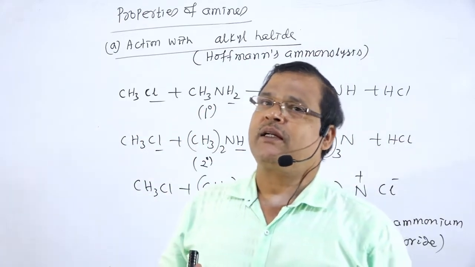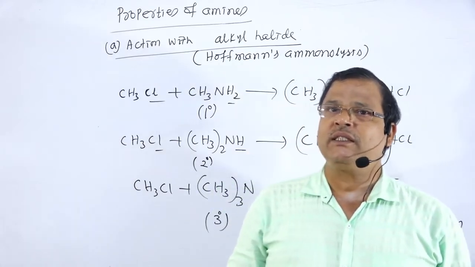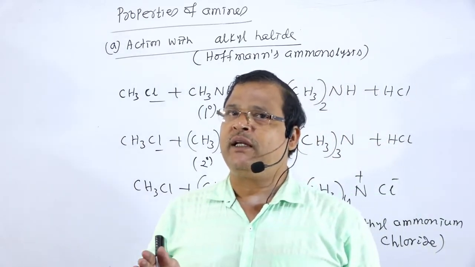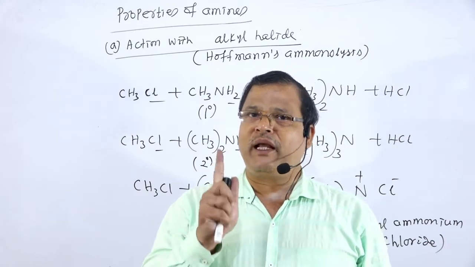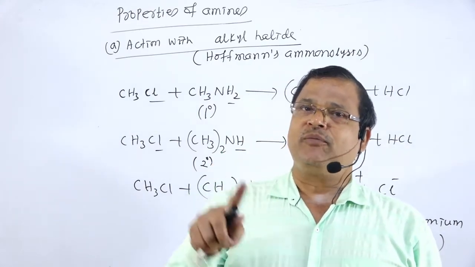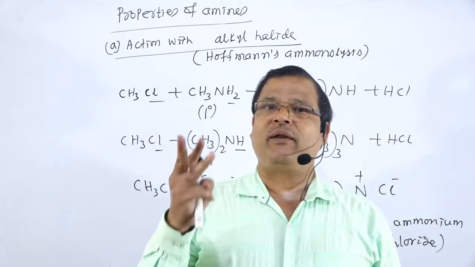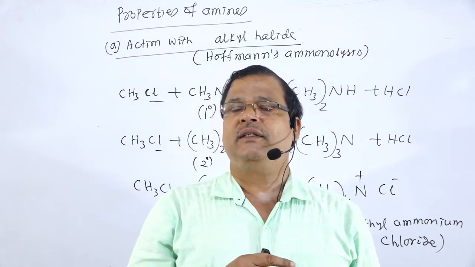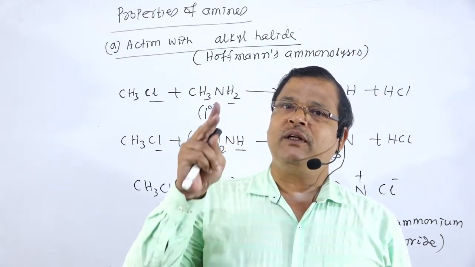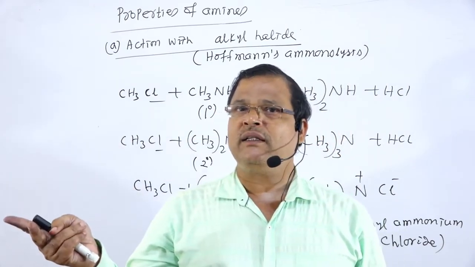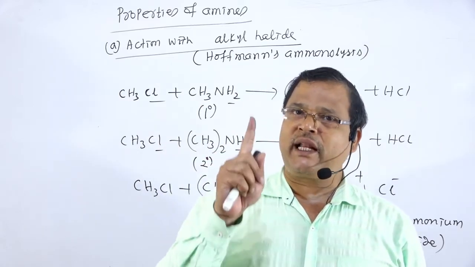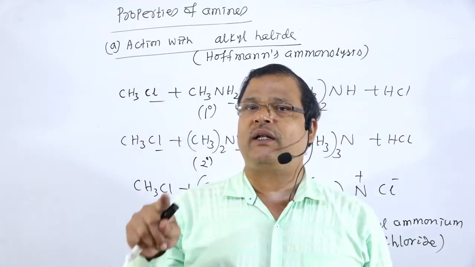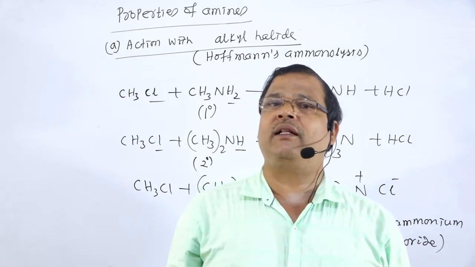By the help of Hofmann's ammonolysis, that is action with the alkyl halide. Whenever primary amine is converted to quaternary, 3 alkyl halides are required. Whenever secondary is converted to quaternary, 2 molecules of alkyl halide are required. When tertiary amine is converted into quaternary, only 1 molecule of alkyl halide is required.